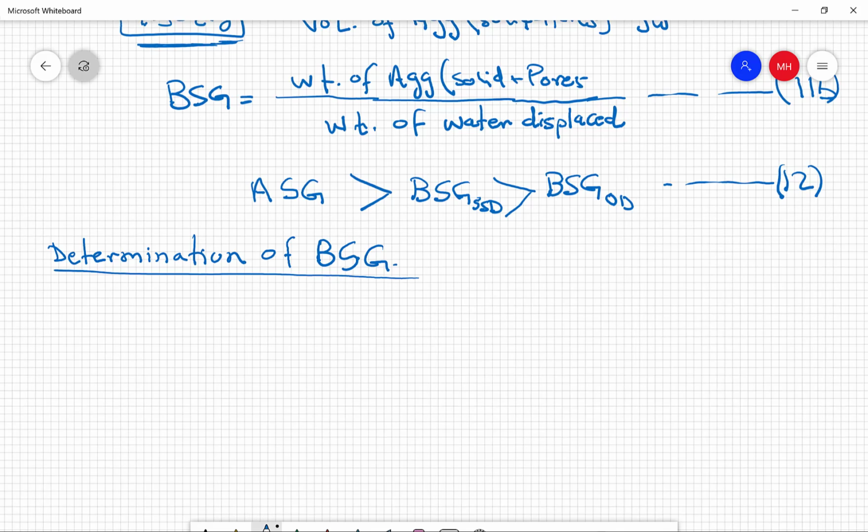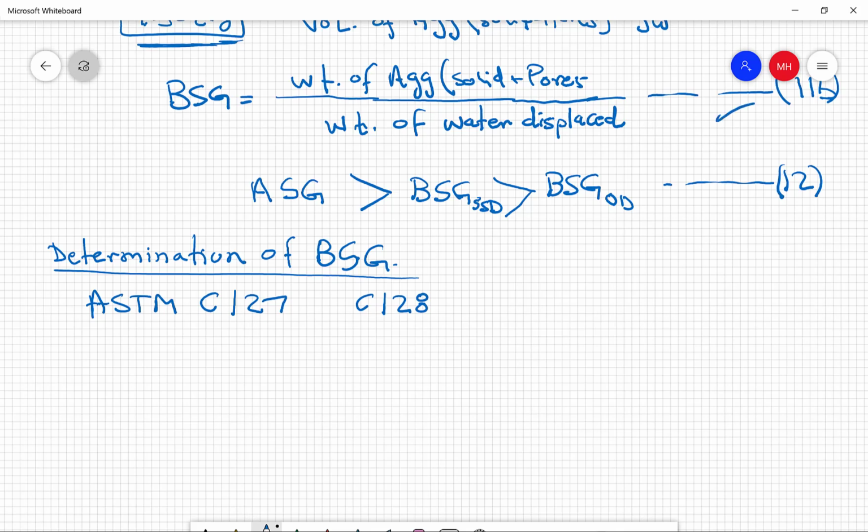The bulk specific gravity based on the saturated surface dry condition of the aggregates is determined by the displacement method, which is given in ASTM C127 and C128. The basic equation used is equation number 11b right here.